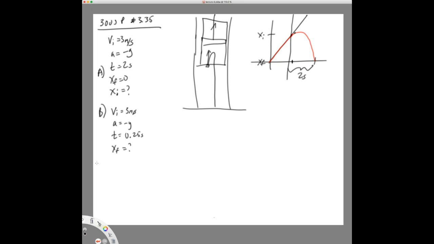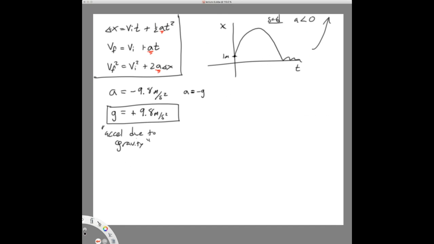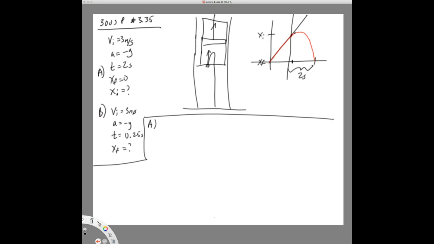So let's do part A first. For part A, when I look at this information and I see what's missing is v final, I really want to use my first equation. If we go back and look at our master equations, 2 and 3 both require v final, and so equation one does not include the final.